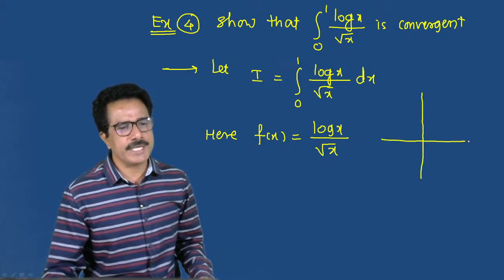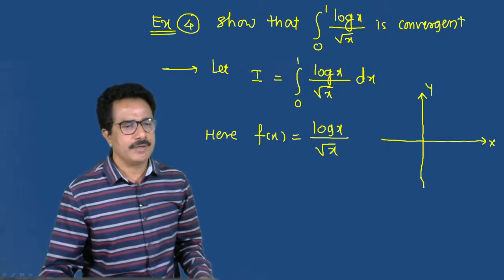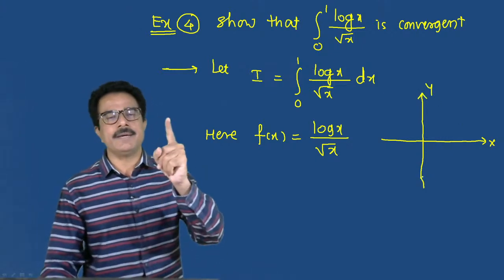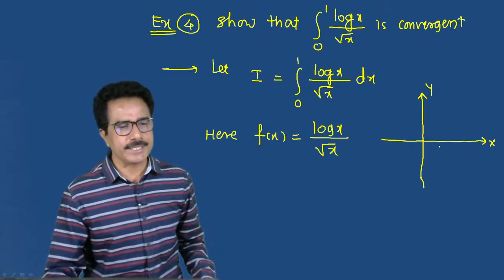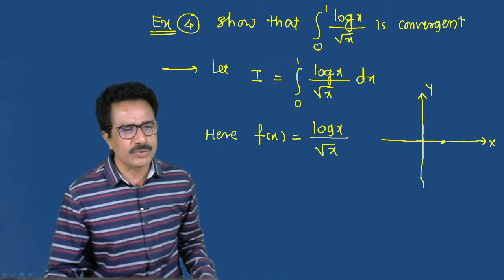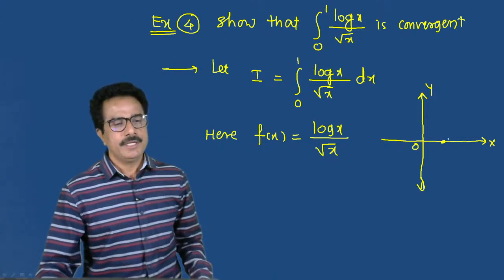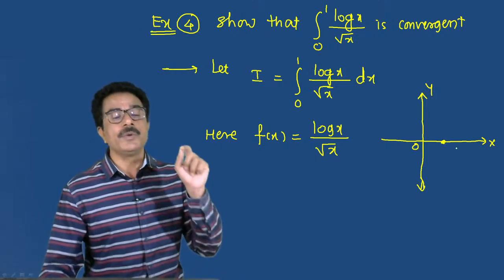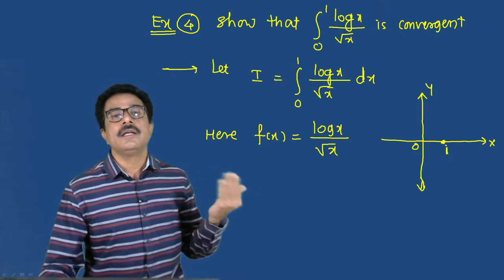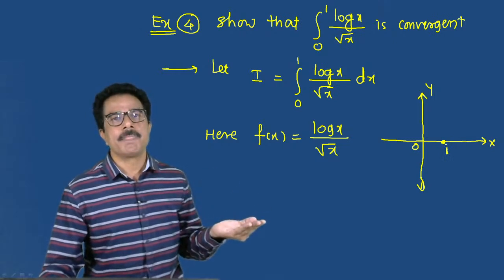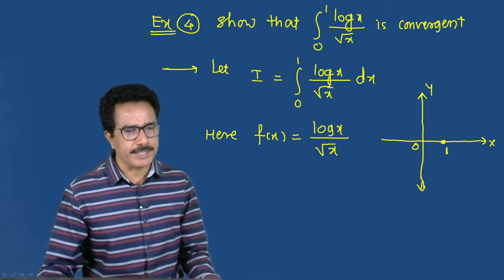See, this is suppose x axis, this is y axis, and we know that, students सांगा बरे, what is the value of log 1? log 1 ची व्हॅल्यू किती असते सांगा? Now if we want to plot the rough graph of log x, if we put x equals 1, then the value of log 1 is 0, means this point.